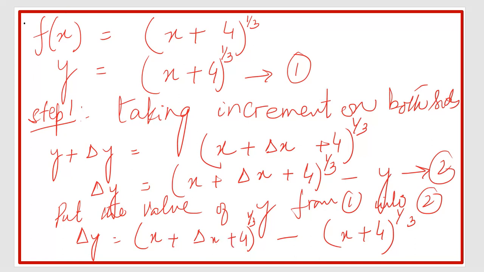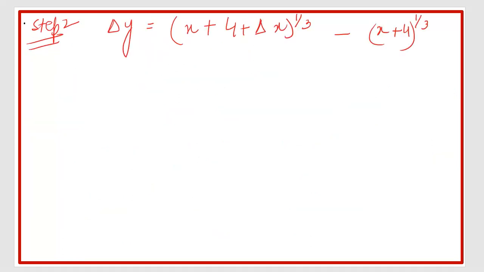And why am I doing it like this? Because here we have x plus 4. If you take x plus 4 common from here, that is also fine, but it is better to rearrange it. That is why I have written (x plus 4 plus delta x) whole power 1 over 3. This is the power. It means this power belongs to x and 4 and delta x as well.